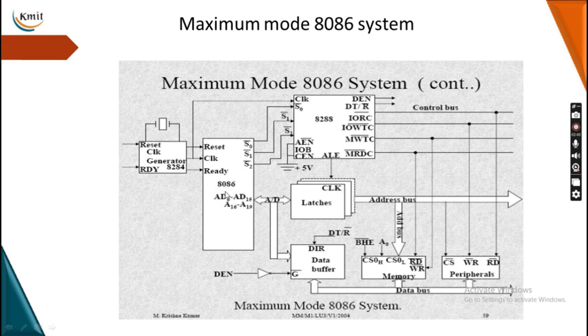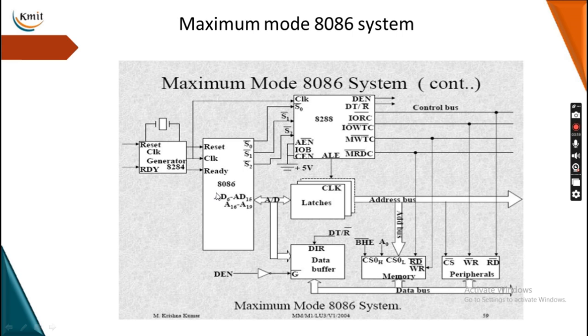Here ALU is present in our 8086. So in minimum mode, it is the only functional unit which will do its operations. But in maximum mode, there will be some other functional units doing operations accordingly. We use this maximum mode 8086 system when the processor requires help from the other functional units to do its functionality.